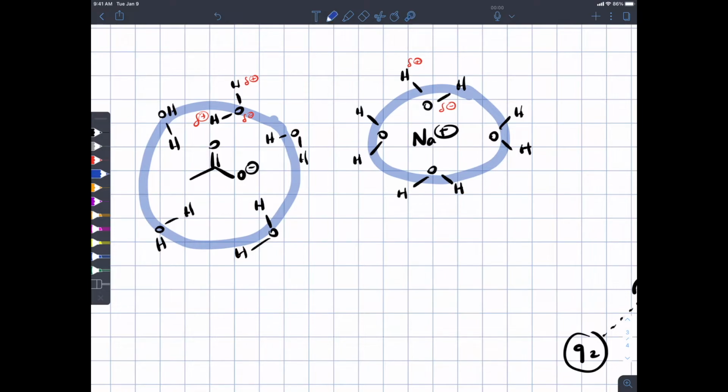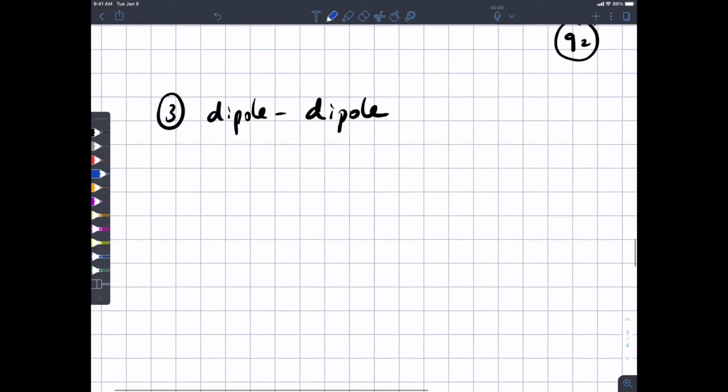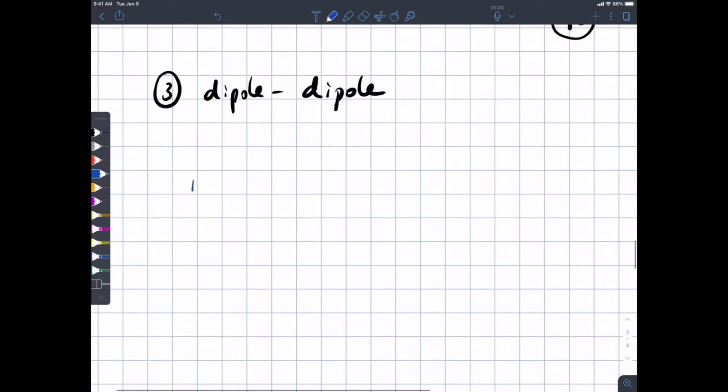We would call that a hydrogen bond. But it's just a dipole-ion interaction. Similarly, if two water molecules were interacting with each other, we would call that a hydrogen bond, but it would be a dipole-dipole interaction.